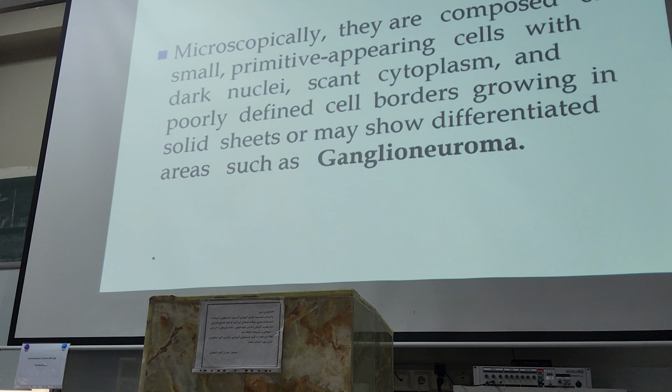Okay? In between, you have ganglioneuroblastoma. In ganglioneuroblastoma, some of the neuroblasts have differentiated into ganglion cells, but some of them are still neuroblasts. So it's a range of differentiation in this category of lesion.